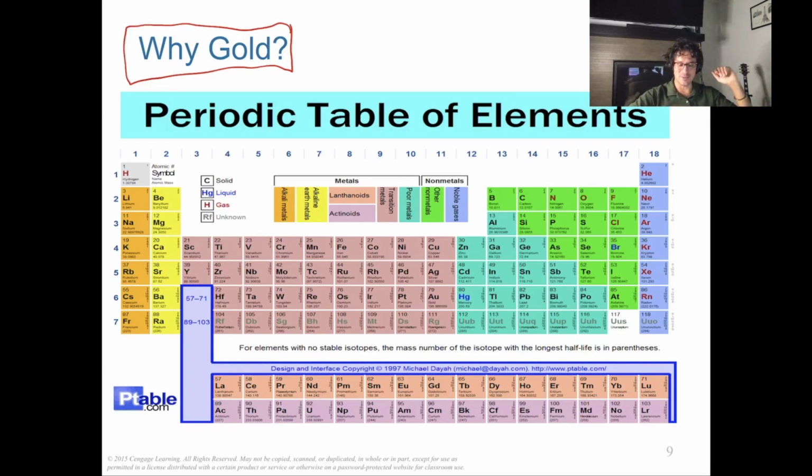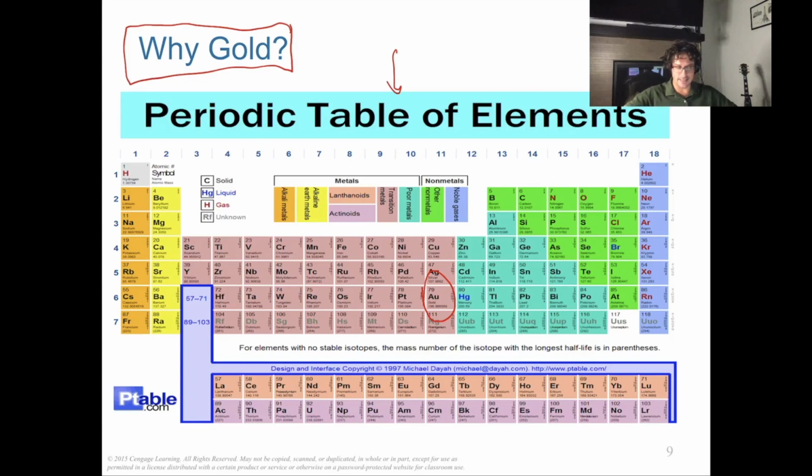So in order to answer this question, they look at the periodic table of elements and ask, why did they pick particularly gold? Let me see whether I can find it. Yep, here. Why did they pick gold and not another of the elements in the Mendeleev table? Well, let us do this experiment and think about it. You have a bunch of elements.